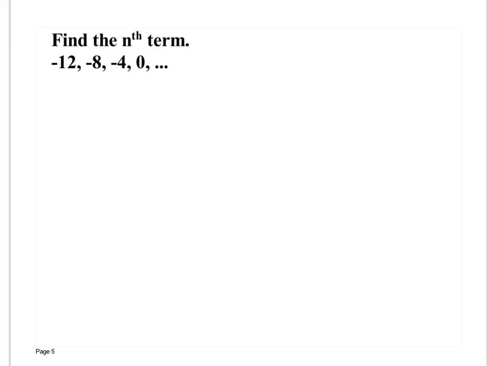I need to find the nth term. Remember what AN is? It's A1 plus N minus 1 times D.